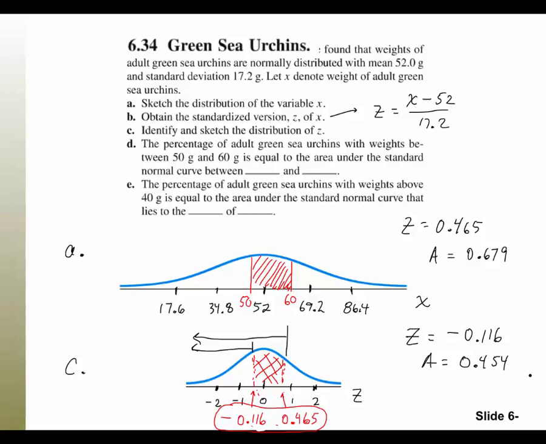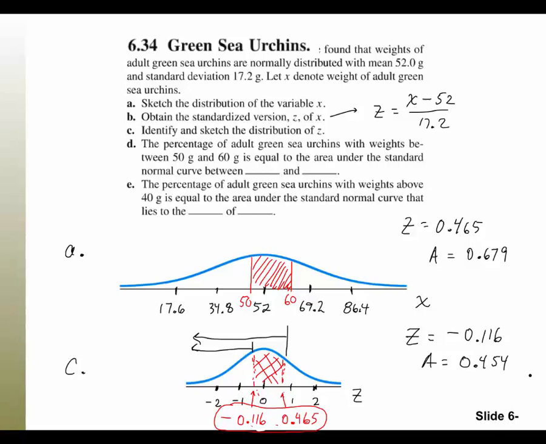So how are we going to get the percentage of urchins between 50 and 60 grams? You're going to subtract, right? You're going to take the total area less than 60, which was 0.679, and subtract away the area that was less than negative 0.116. That'll give you the area between. Does it make sense? So it's the total area left of here minus that leaves that.